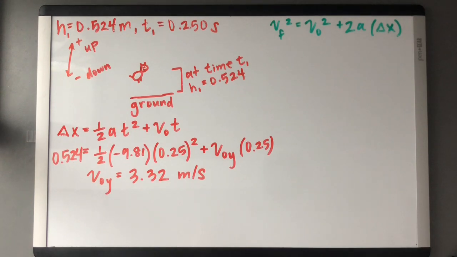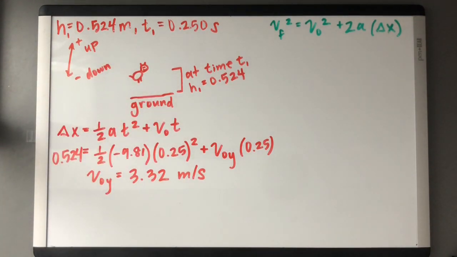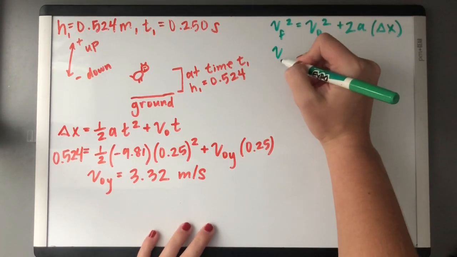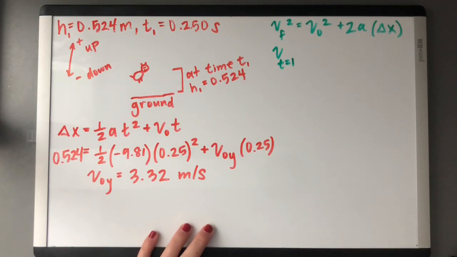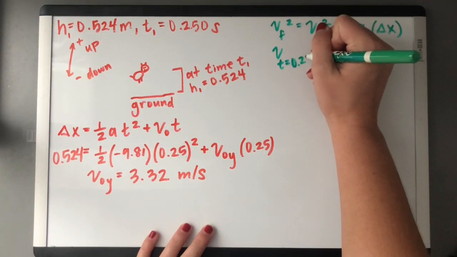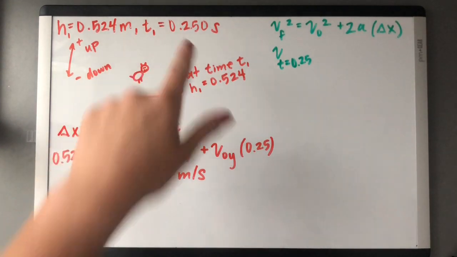So in this case, our final velocity is going to be his velocity when he's at 0.524 meters, so the velocity at time t equals 1. So I'm going to call it that. The velocity at t1, at t equals 0.25 seconds, but this is called t1 based on how I wrote it over here.